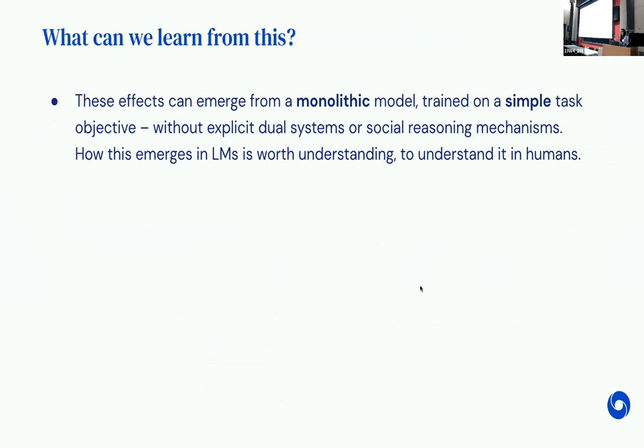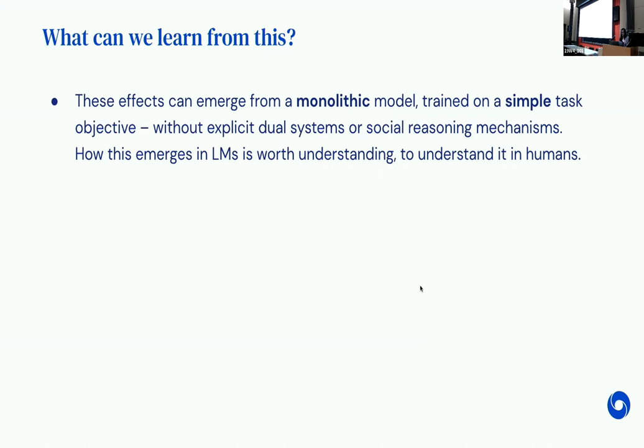You didn't need to code anything in; it emerged from this very simple predictive model. Even if this doesn't necessarily mean the explanation for why it happens in language models is the same as in humans, it's at least worth understanding, given that this effect can arise from a much simpler objective with a single monolithic model.